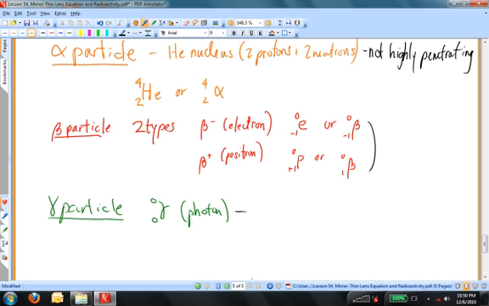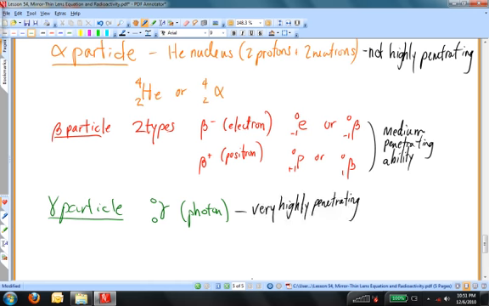Beta particles are less easy to shield against, but they are, I would call them, medium penetration ability. So if you're trying to shield yourself against beta particles, then you have to work a little harder than you do to protect yourself against alpha particles, but not much harder. On the other hand, gamma rays are very highly penetrating, and it's difficult to shield against them.